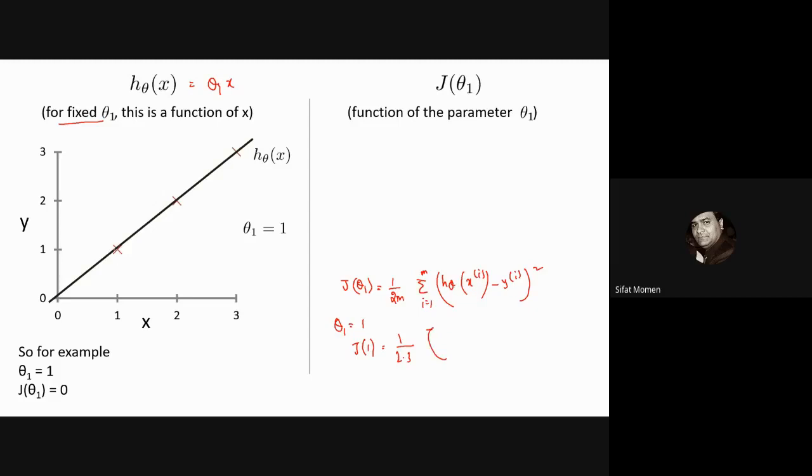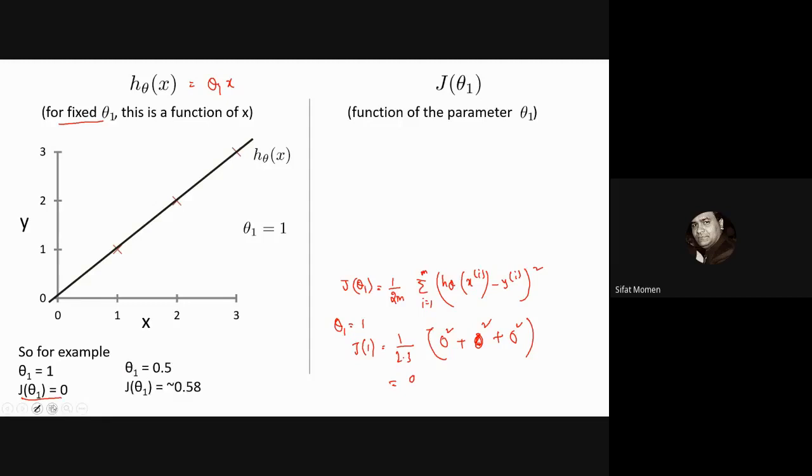Predicted 1, actual 1, 1 minus 1 is 0, 0 squared, plus next predicted 2 and actual 2, so 2 minus 2 is 0, 0 squared, plus next predicted 3 and actual 3, so 3 minus 3 is 0, 0 squared. Right নাকি না? So this is 0 divided by 6 which is 0, clear নাকি না? So my J of theta 1 is 0. Is that okay? Yes. Yes, sir.